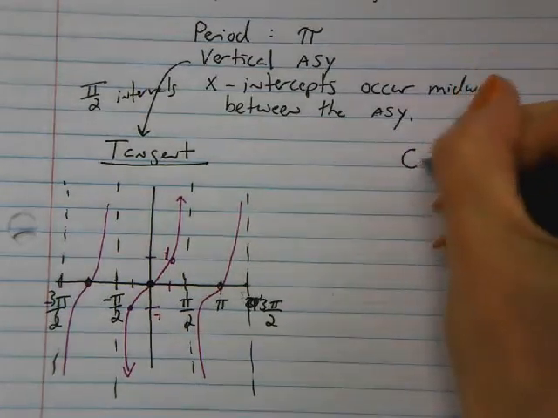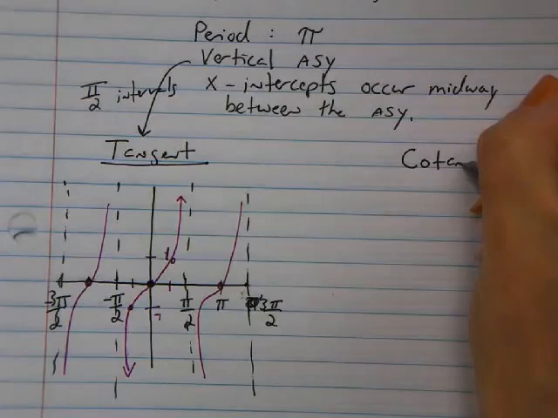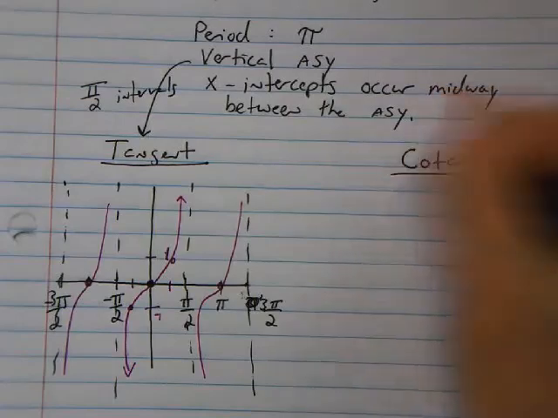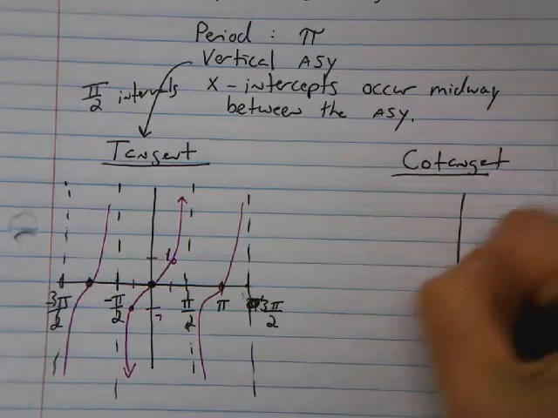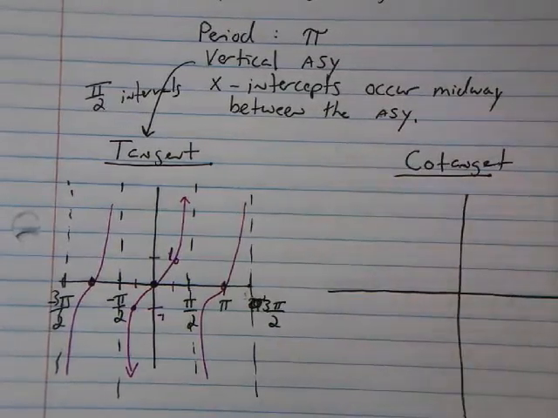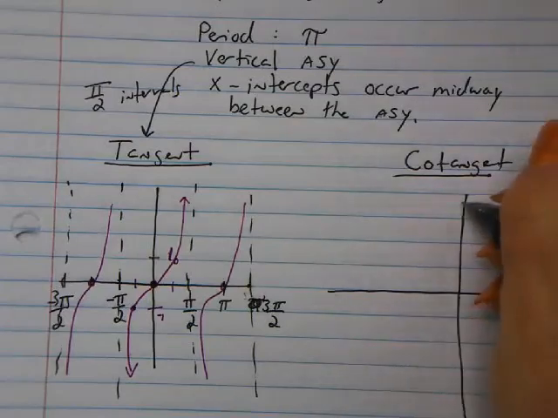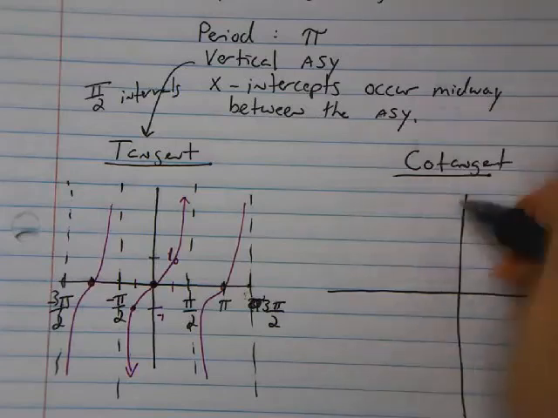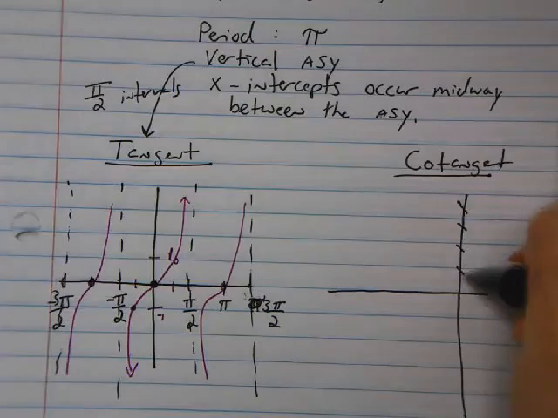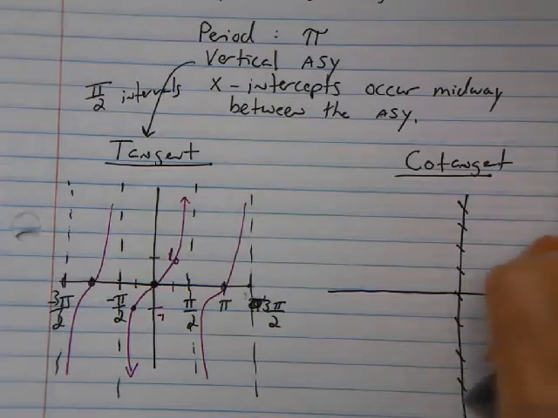Alright, let's look at cotangent. Cotangent has limitations.